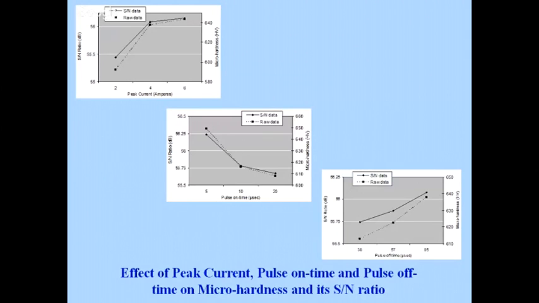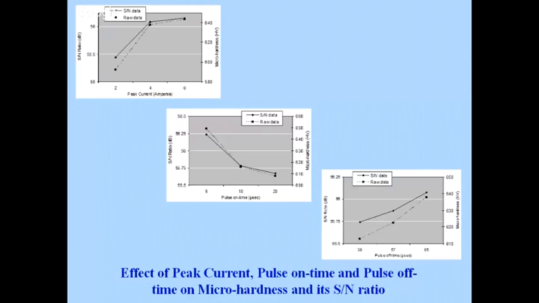Now come to the second graph. When I change 5 microsecond to 10 microsecond, it has an adverse effect on micro hardness. Micro hardness goes down. Then again it further goes down when I go from 10 to 20.